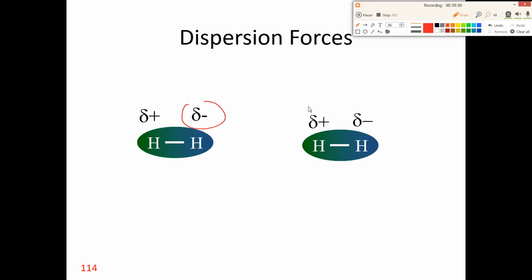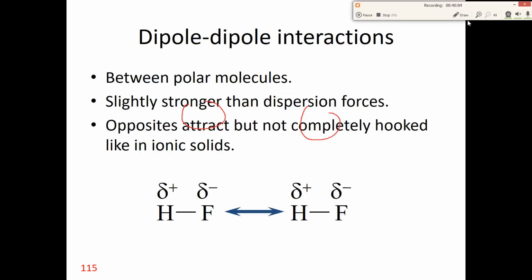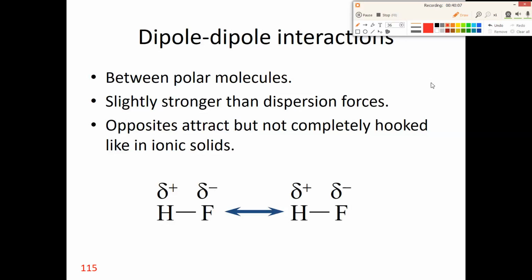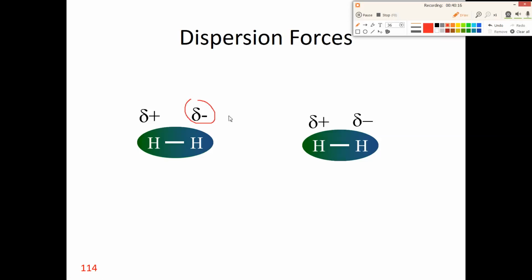This partial positive charge is going to attract this partial negative charge. So basically this is the origin of dispersion force. A partial positive charge attracts a partial negative charge. So this creates a force between two nonpolar molecules.